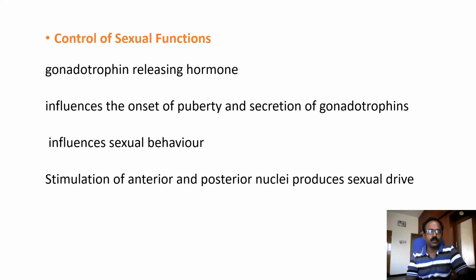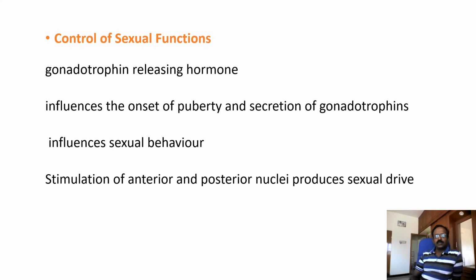The next function of the hypothalamus is the control of sexual functions. The hypothalamus releases gonadotrophin releasing hormone, which is important for influencing the onset of puberty and secretion of the gonadotrophins, FSH and LH, that influence sexual behavior.